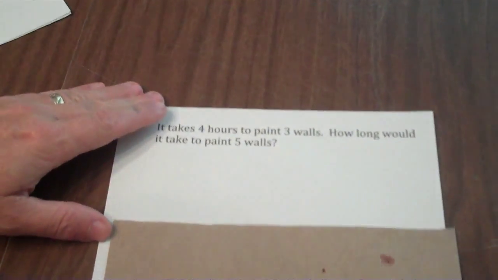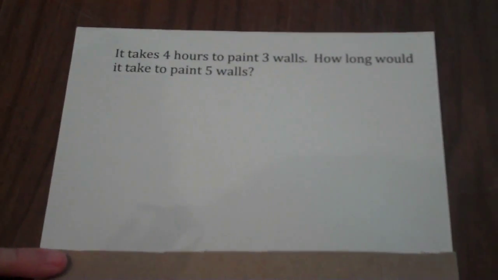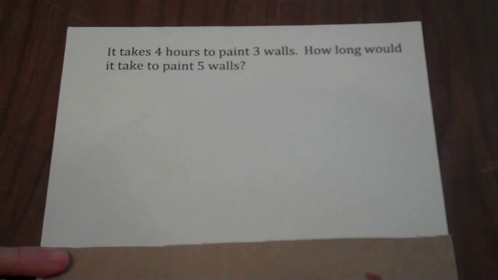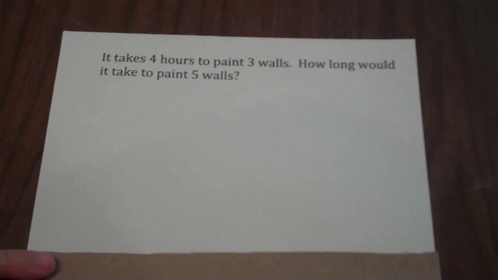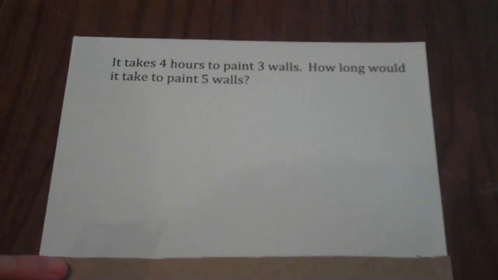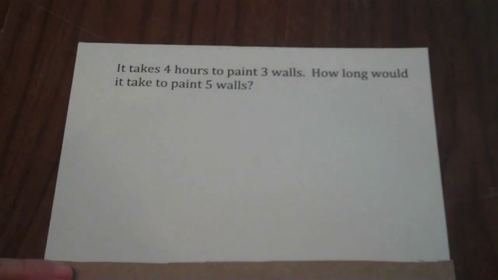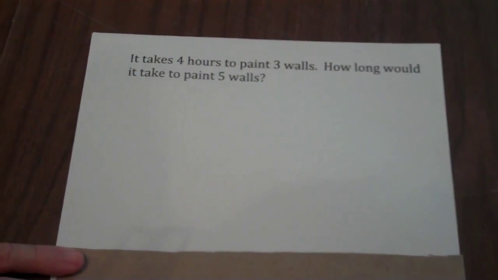Let's take a look at my next problem. In this case, I've told you that it takes 4 hours to paint 3 walls, and asked in turn how long it would take to paint 5 walls. In this case, I have not simply come out and told you that it's a ratio. So we have to figure out, first of all, if it is a ratio. To determine that, basically what you need to know is the answer to this.